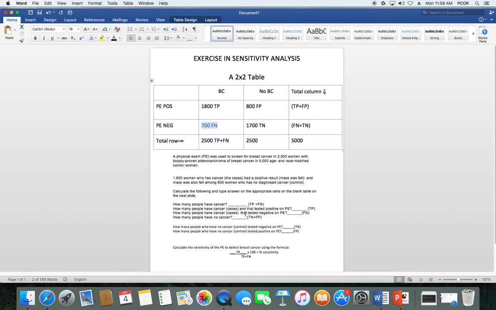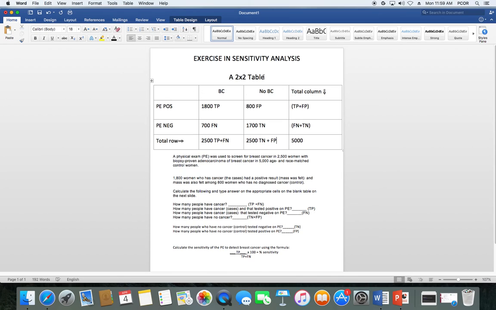False negatives. How many people have no cancer and tested negative on the physical exam are your true negatives? This is your true negative plus false positive. And lastly, how many people have no cancer and tested positive on the physical exam? These are your false positive.